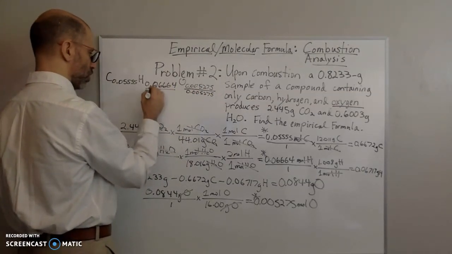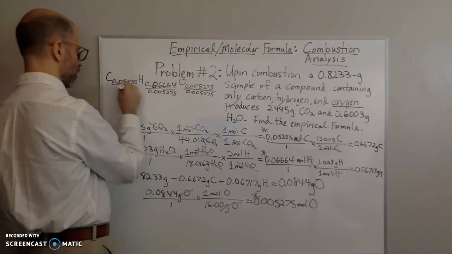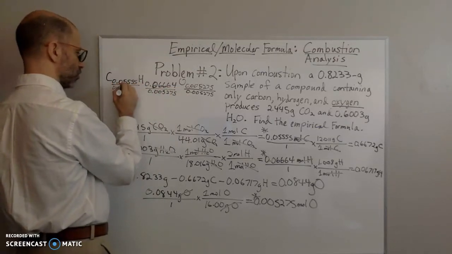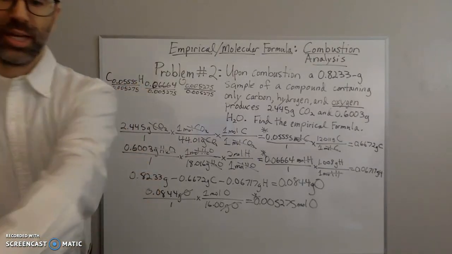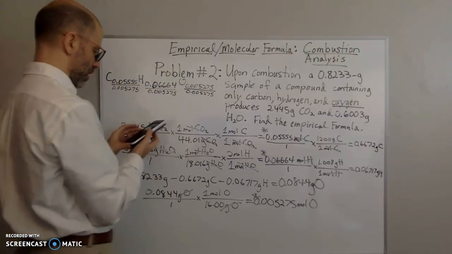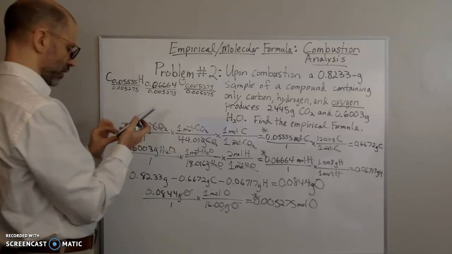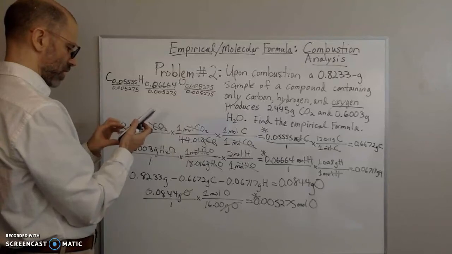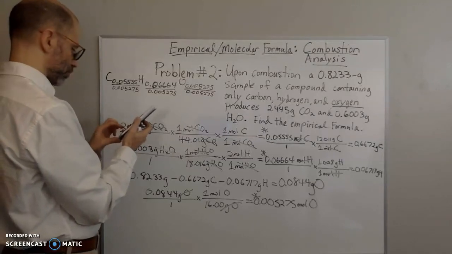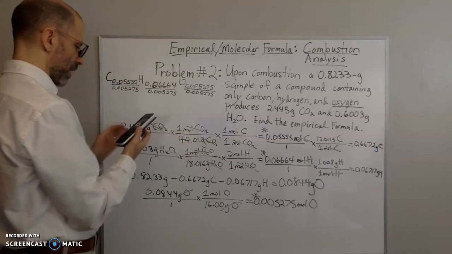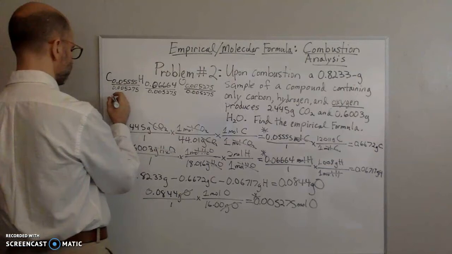So 0.05555 divided by 0.005275 equals 10.53, which is really close to 10.5.